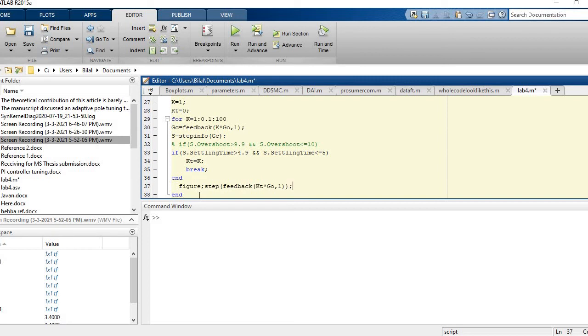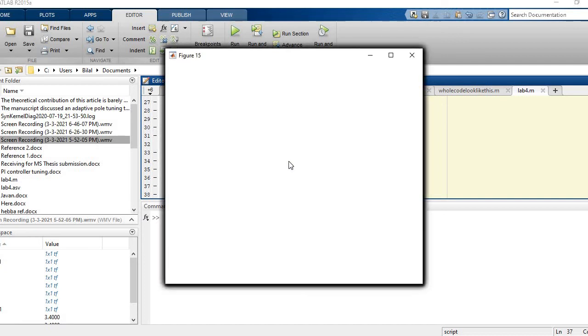This is the way we can look at the overall system. One thing you have to know is that stepinfo is a command from which you can calculate the rise time and settling time. But there's another way of calculating the rise time and settling time, which is done using the figure.